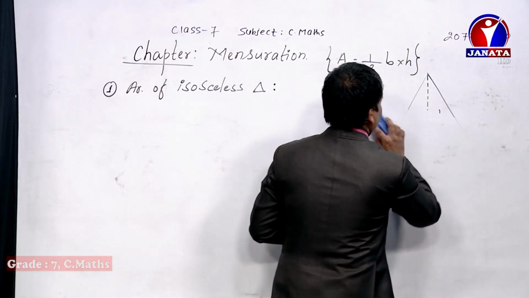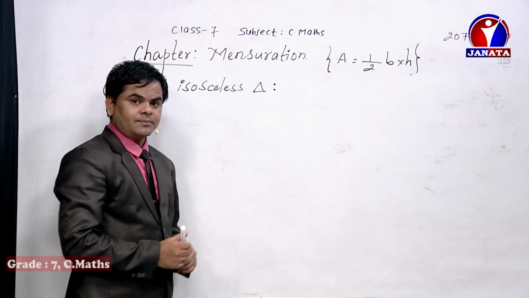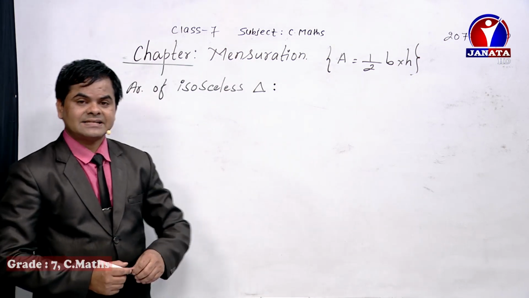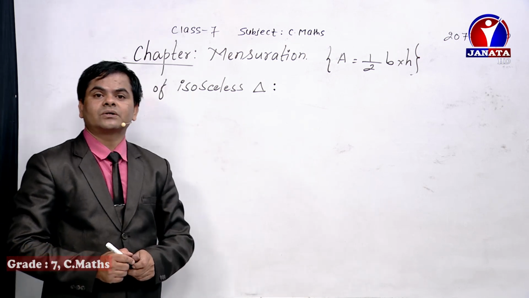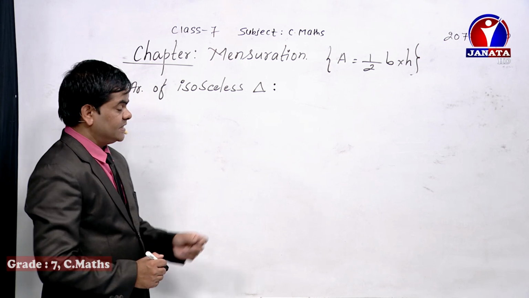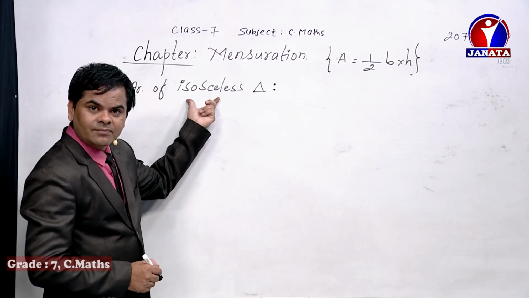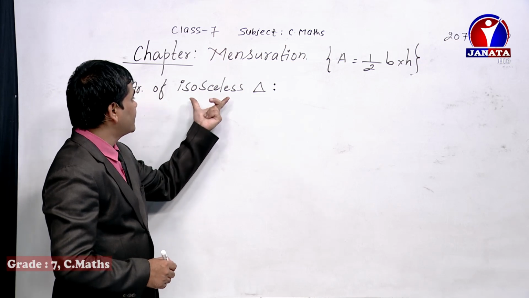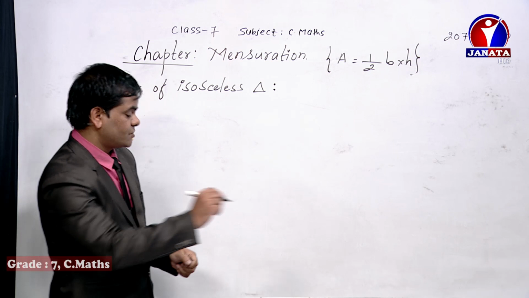Now I am going to derive the formula of the isosceles triangle. First of all, in order to derive the formula, as I told you before, you need to know the characteristics or properties of the specific figure. In the case of the isosceles triangle, it is a matter of knowing its properties. So what kind of triangle is known as an isosceles triangle?